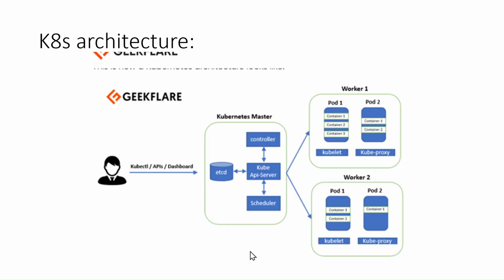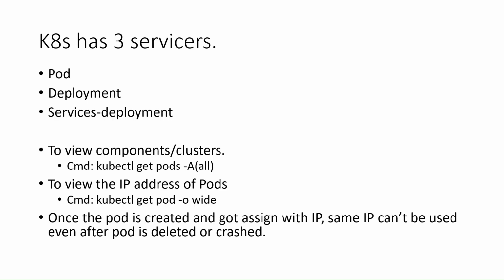To view these master pods, etcd, controller, kube API server, scheduler, kubectl, kube proxy, these are all pods. A pod is a kind of box inside which we have some application running that takes care of some work or chore.